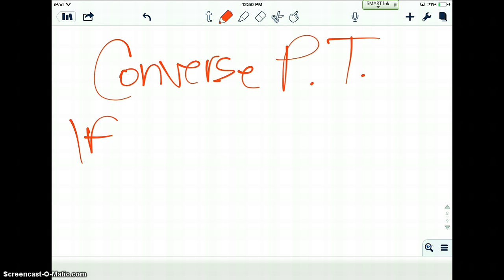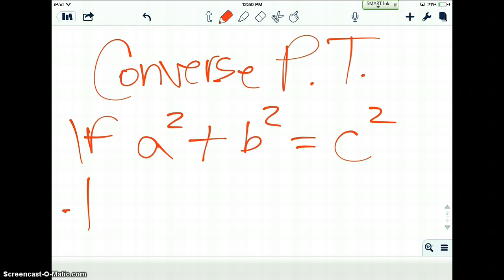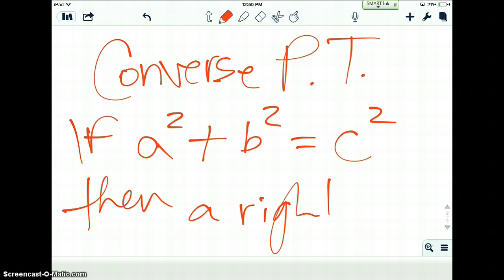So I'd say if the sum of the squares of the lengths of the two sides of a triangle is equal to the square of the length of the third side, then what can we say? We have a right triangle.